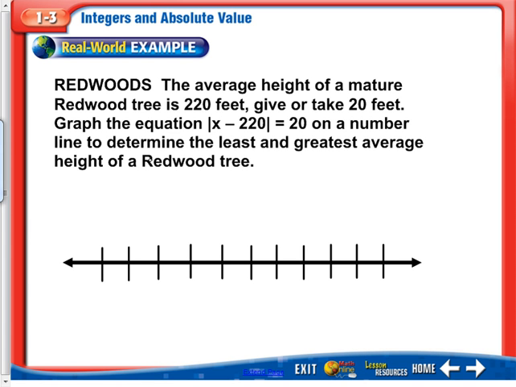Redwoods. The average height of a mature redwood tree is 220 feet, give or take 20 feet. It says to graph the equation, the absolute value of x minus 220, which equals 20, on a number line to determine the least and greatest average height of a redwood tree.